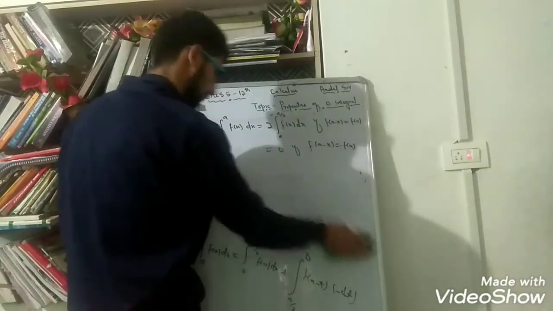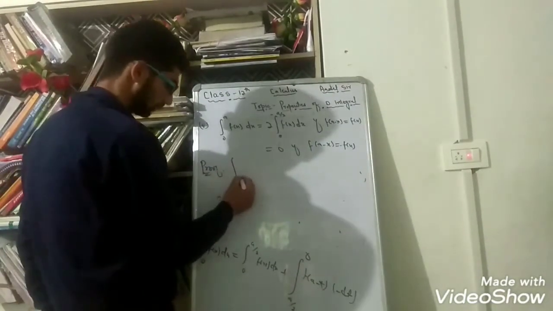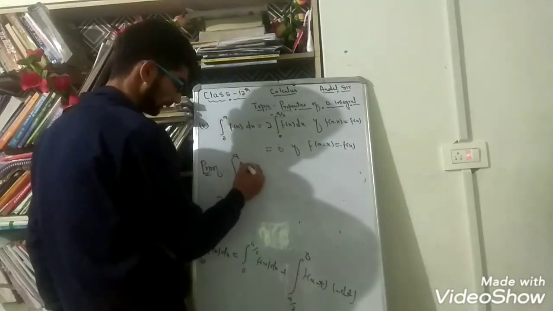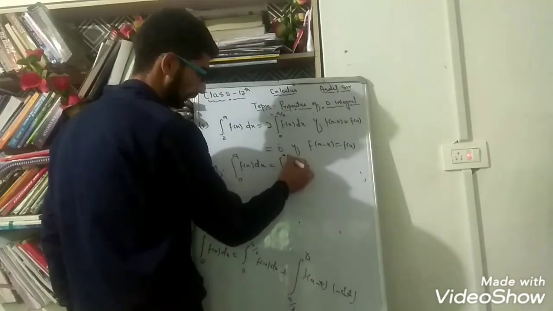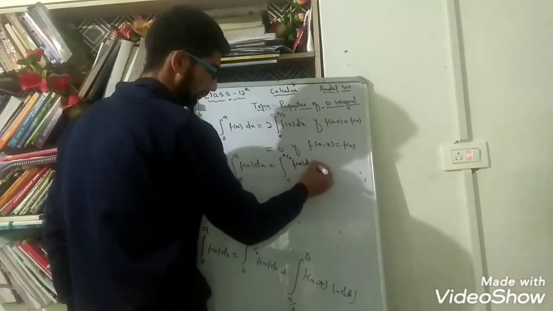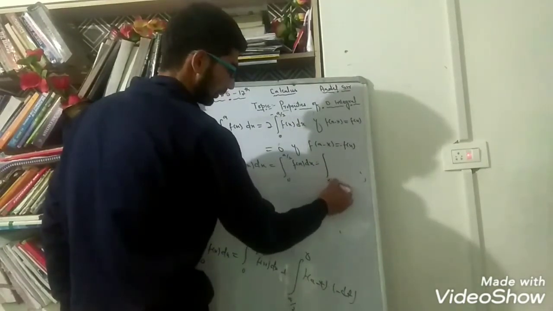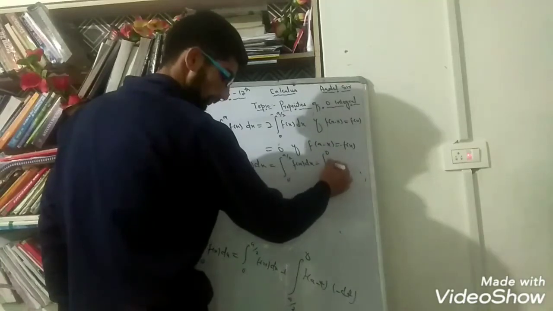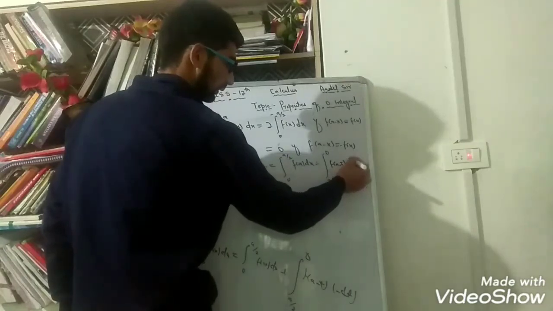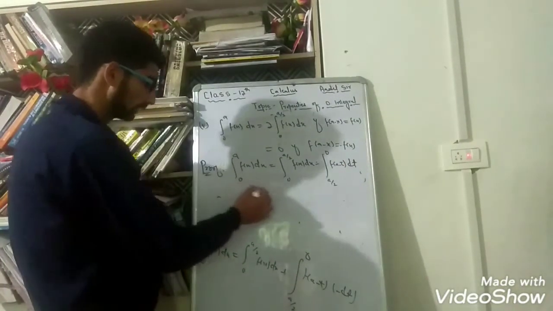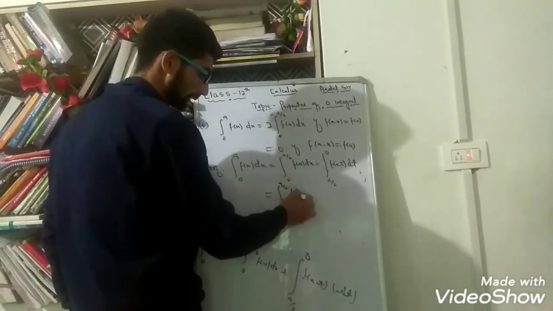I hope you understood. So we are getting the integral from 0 to a of f(x) dx equal to the integral from 0 to a/2 of f(x) dx minus the integral from a/2 to 0 of f(a minus t) dt.